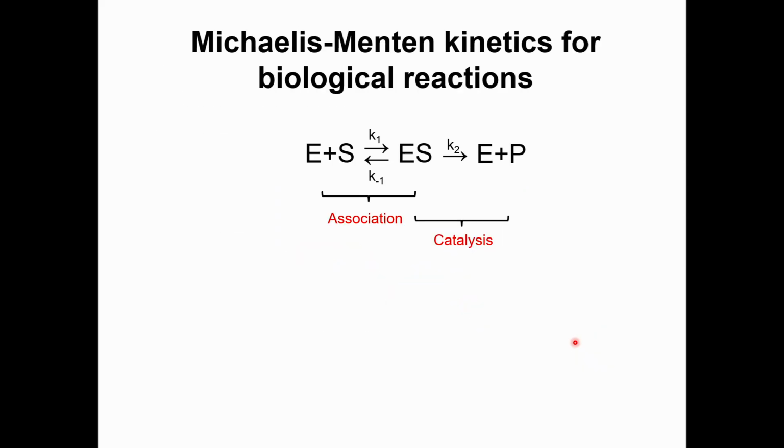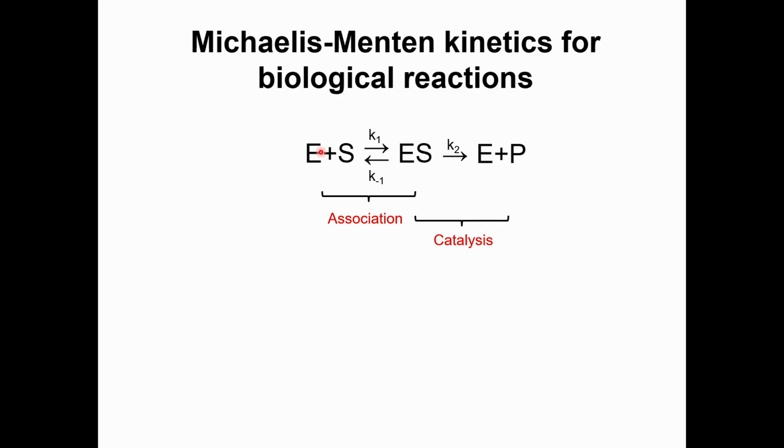So there is a famous area of biochemistry called Michaelis-Menten kinetics, which I'm not going to go into any great detail here. But if you think about it, this is kind of the steps of what has to happen for a chemical reaction to occur. You have an enzyme and a substrate. Remember, that's the reactants.